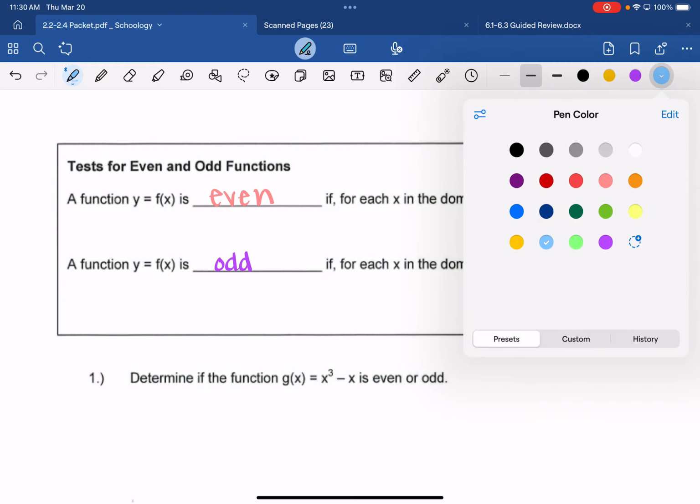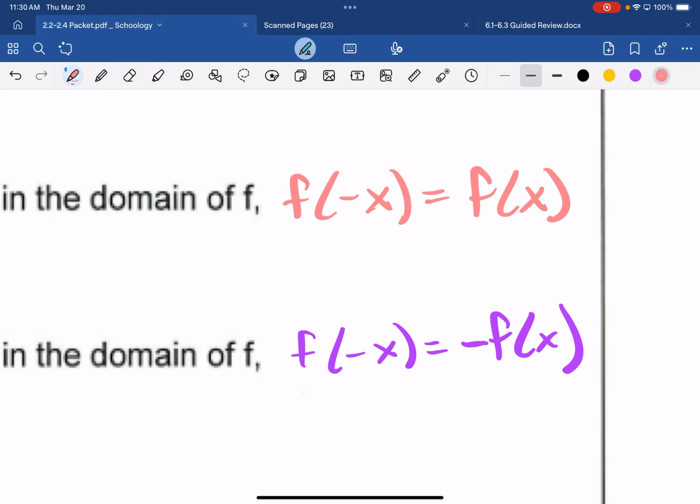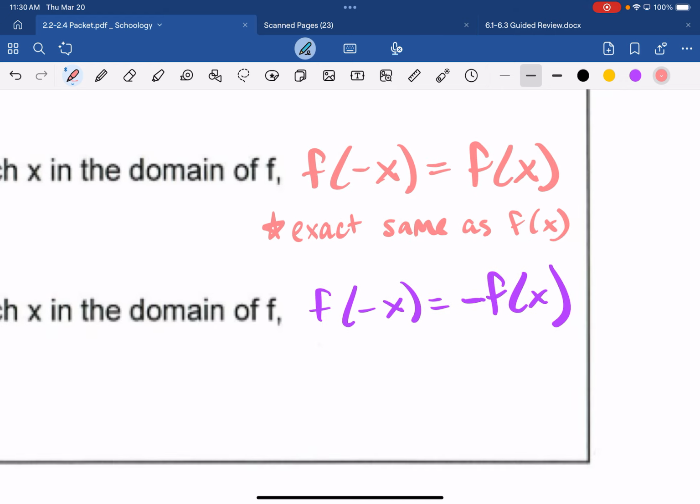To make it simpler, if I plug in a negative x, I want to get the exact same thing as f of x, what I started with. So if I plug in a negative x, I should get the exact same function that I started with. And then for odds, I want the exact opposite of f of x.